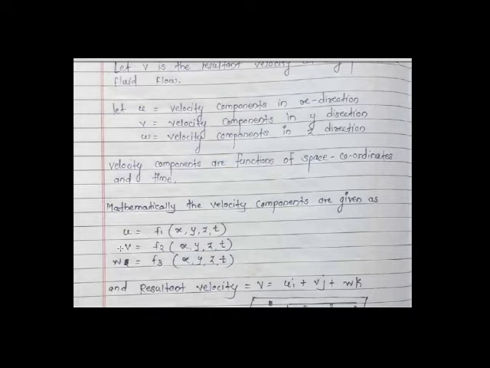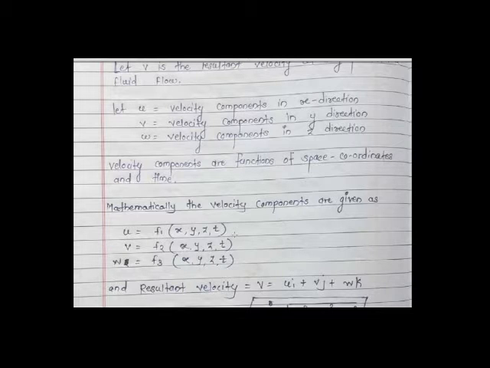So the velocity components u, v and w are functions of space coordinates. u is a function of x, y, z and t, v is also a function of x, y, z and t, and w is a function of x, y, z and t. So u, v and w indicate the velocity components, x, y, z indicate the space components, and t indicates the time component.